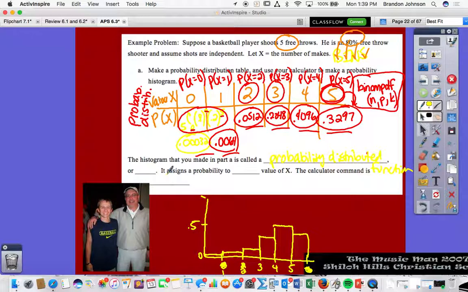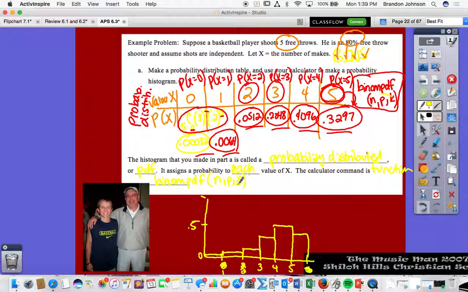Make sure I get my, I'm sorry, PDF. We talked about that right up here. PDF. It assigns a probability to each value of x, and the calculator command for this is binom PDF, comma n, or n comma p comma x.